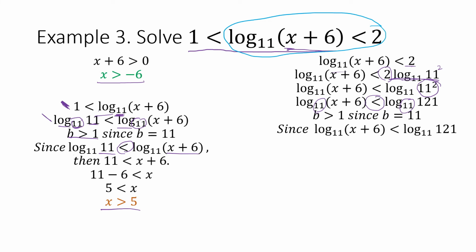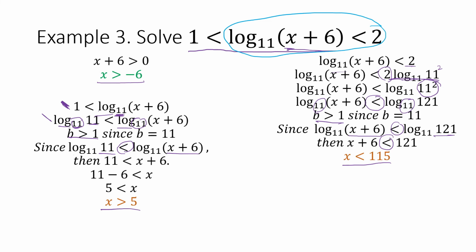Since logarithm of x plus 6 to the base 11 is less than logarithm of 121 to the base 11, then x plus 6, this anti-logarithm, is also less than 121, the other anti-logarithm. Now, solving for x, we have x is less than 121 minus 6, or 115. Another value of x, or another solution.